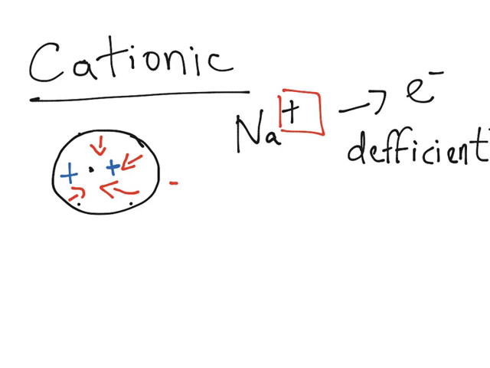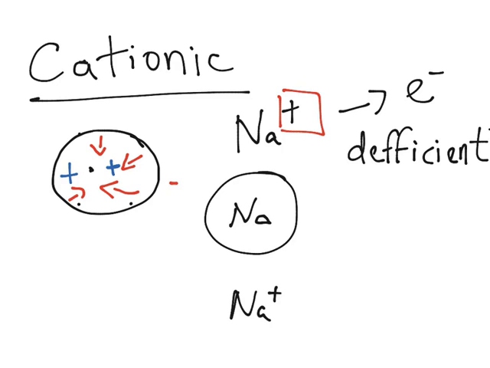So let's say this is a sodium atom. It's that size. When it's in its ionic form, Na+, the size would shrink because that electron deficiency will make the attractive force stronger. The positive nucleus will pull those electrons better if it doesn't have as many electrons fighting it.